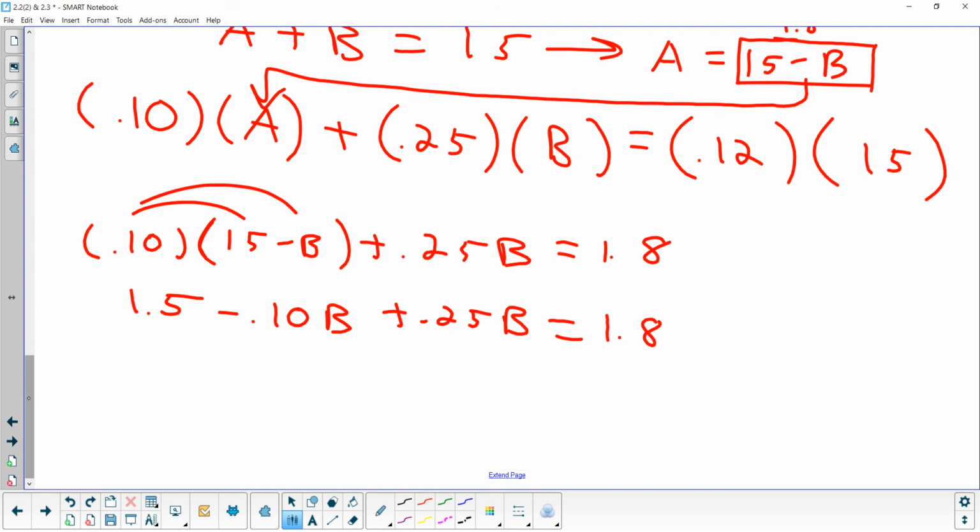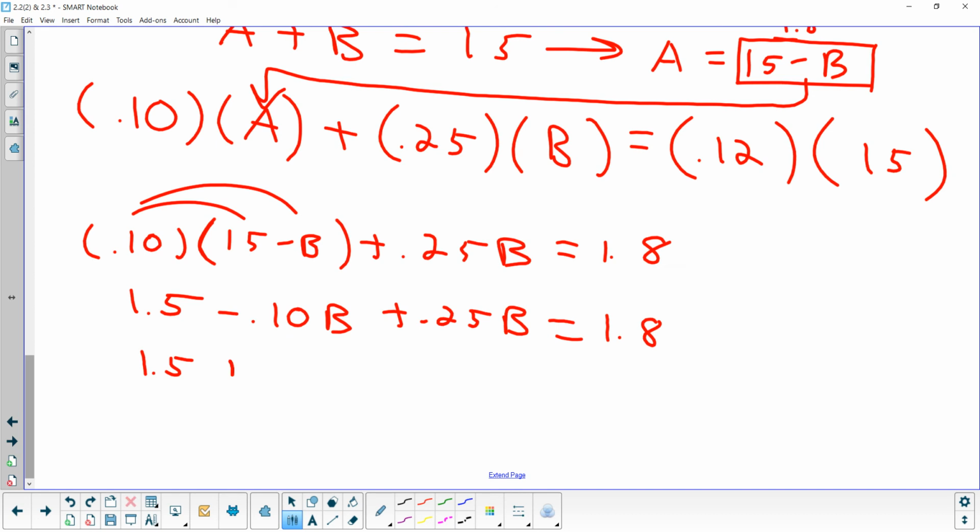You can combine like terms. Yeah. What do I get when I combine negative 0.1 and positive 0.25? The positive is bigger, so we're going to end up with a positive 0.15.